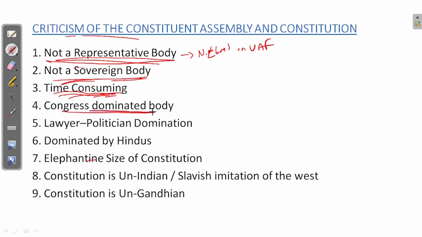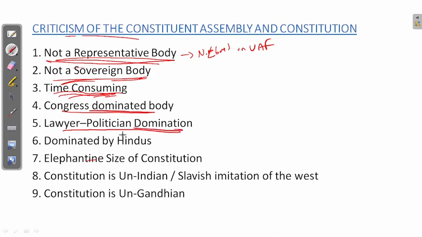Next, dominated by Congress. Critics argued that the Constituent Assembly was dominated by the Congress party. Next, lawyer-politician domination. Critics said that the Constituent Assembly was dominated by lawyers and politicians.